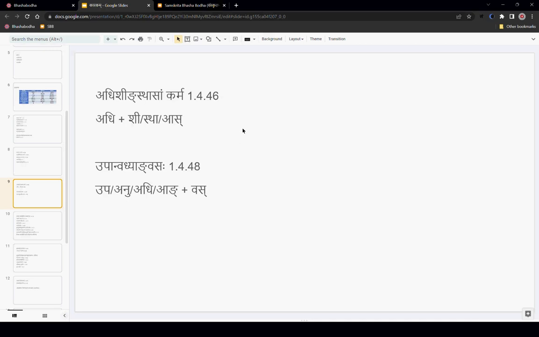Like when shi, stha, as is used with adhi, or when vas is used with these upasargas, then the karma sanjna is imposed.